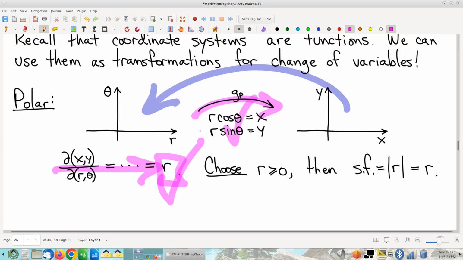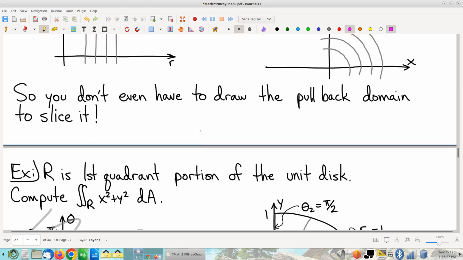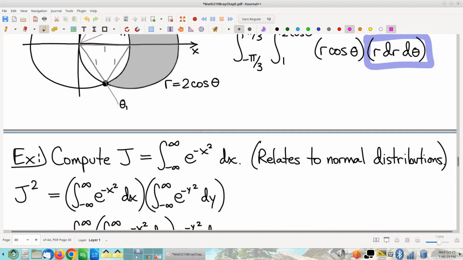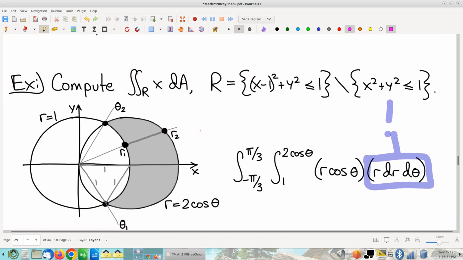Can you explain one more time where you got the upper bound for dr from? So we are looking at, for a given value of theta, our theta slice, right? And we're looking at this point because that's the point with the greatest value of r.